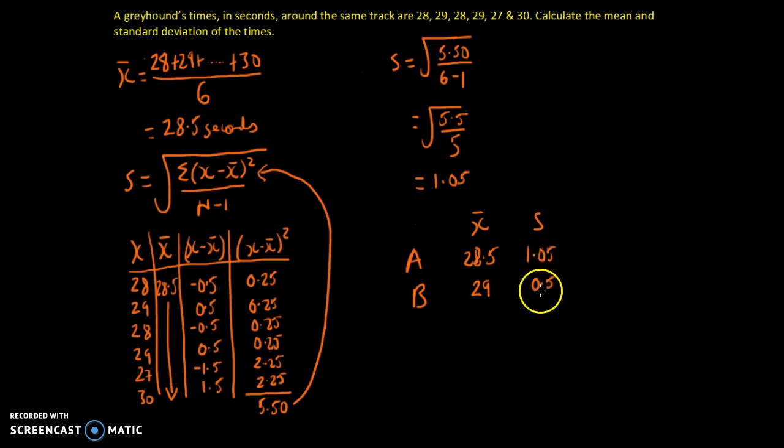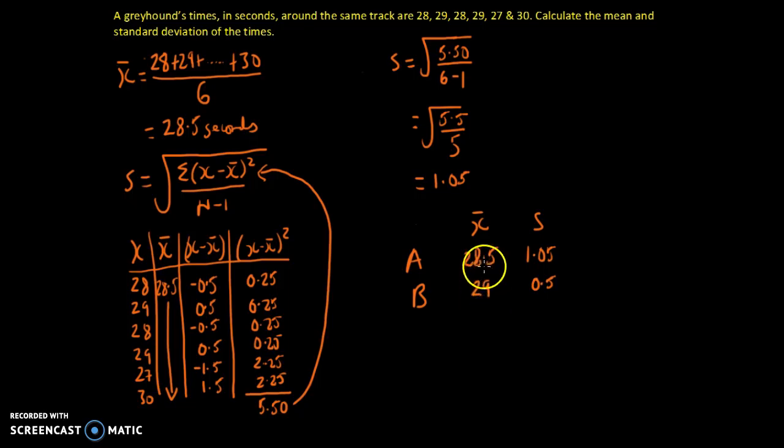Well, if we're comparing it with Greyhound A, smaller standard deviation, therefore it's more consistent. So it's more consistent around the mean. The times aren't as spread out, whereas Greyhound A, the times are more spread out. So if you were asked again the question, which one would you bet on?